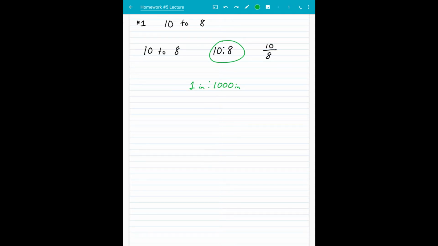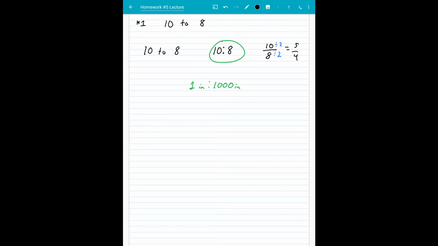Whenever we want to simplify any of these ratios, we simplify them much like we did with fractions. If I look at this 10 over 8, remember I've taught y'all how to simplify fractions. We want to find the largest number that goes into both the numerator and the denominator, which would be the number 2. If we divide the top and bottom by 2, we get 5 over 4.